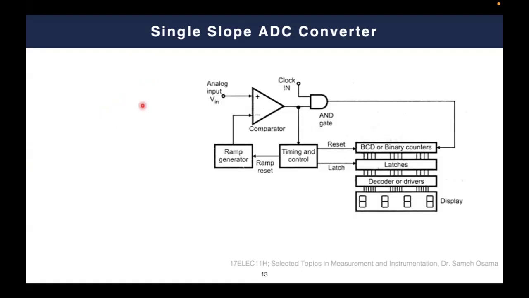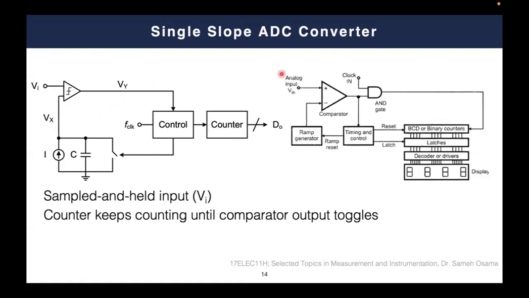Sorry, this is more into electronics. As you can see, here is our controller and our counter. And this is a very simple ramp generator using a current source and a capacitor. The current source is charging the capacitor, producing a ramp signal, the signal I just sketched.